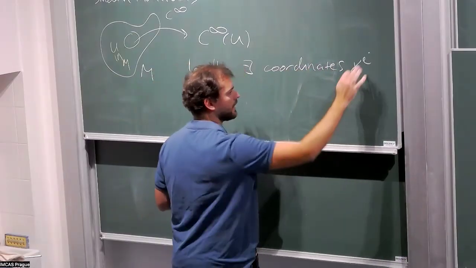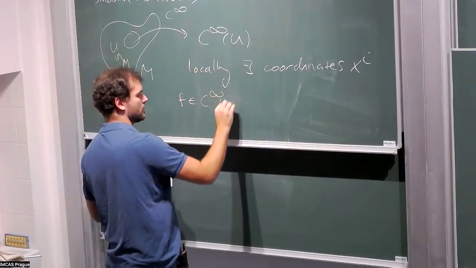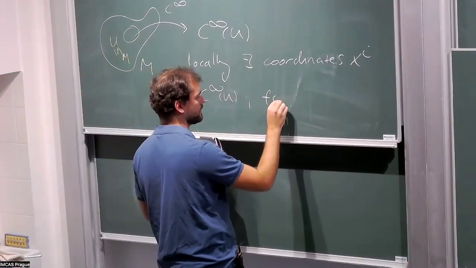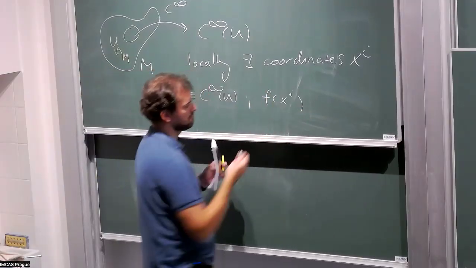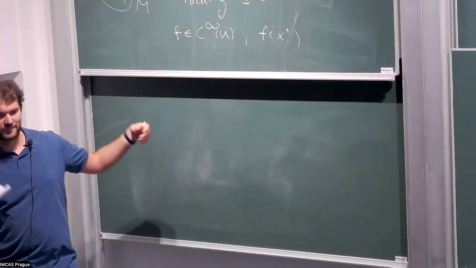Let's call them x^i. Then every function, locally, you can just write as a smooth function of the coordinates. This is not very surprising.